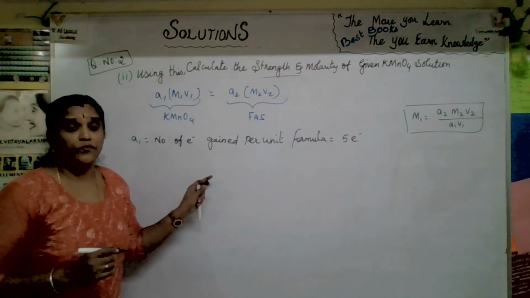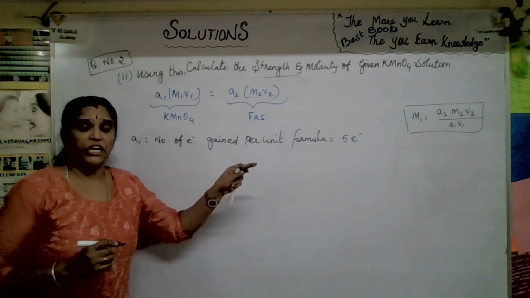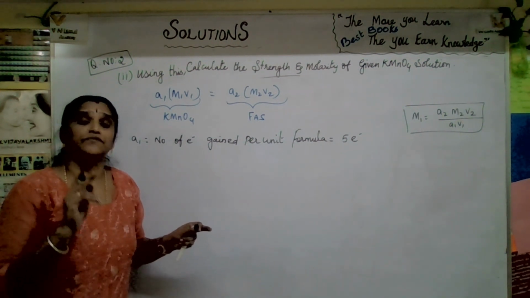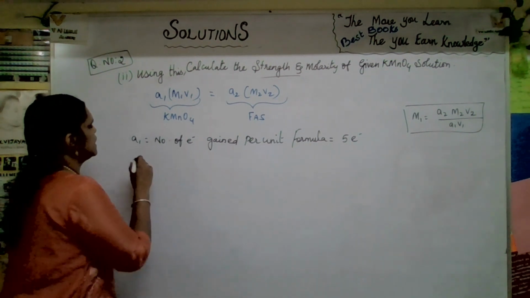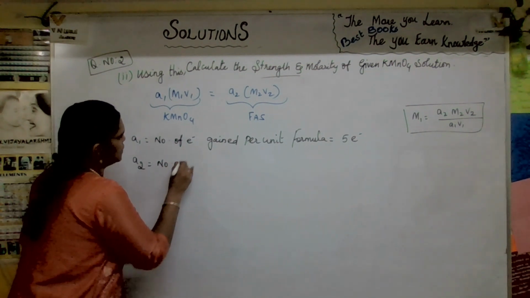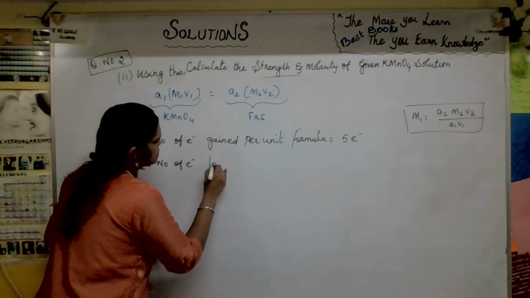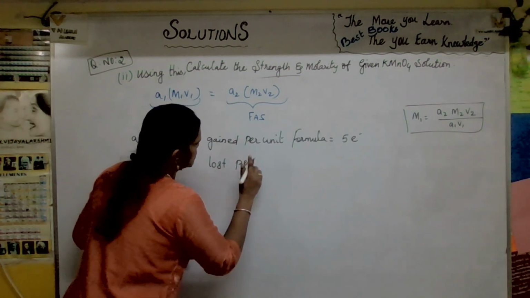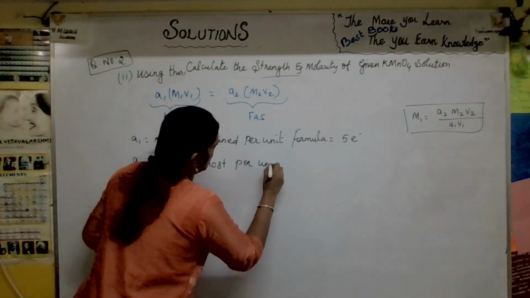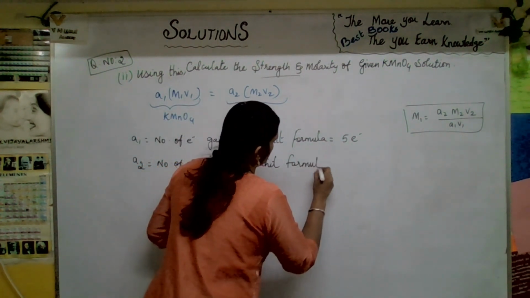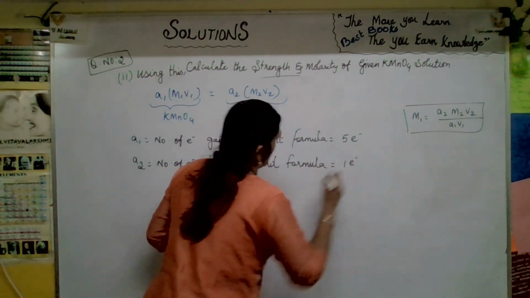See, FeSO4, Fe2+ is converted into Fe3+, that is multiplied with 5 electrons to compensate. Now A2 is equal to the number of electrons lost per unit formula. How many electrons? 1 electron.